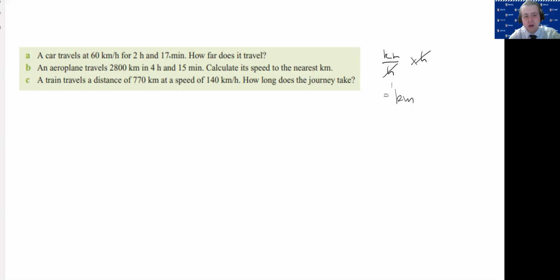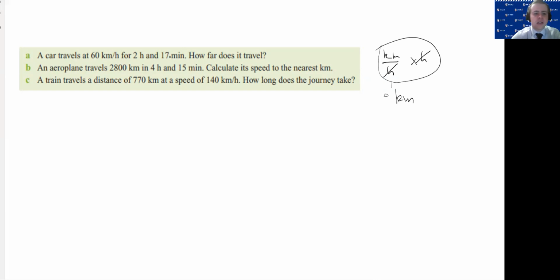So if you want to find the distance, you just use the speed, which is distance over time, and then times it by the time that you travel, and then you're just left with the distance. You can see here that the time units will cancel each other out and just leave you with distance.